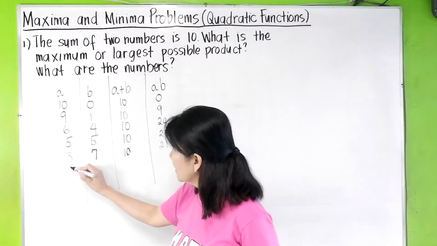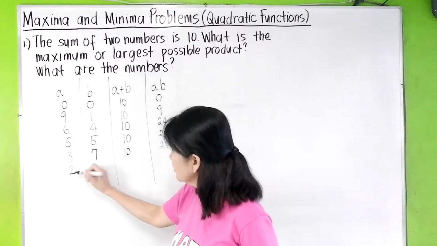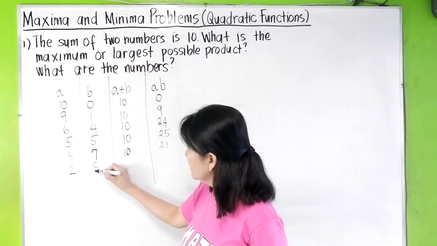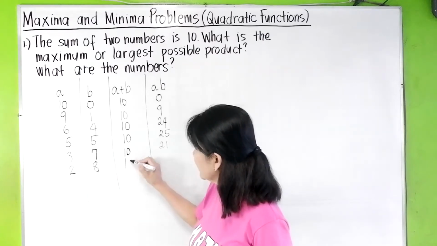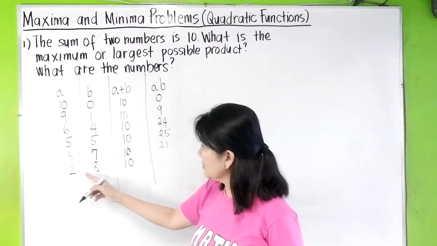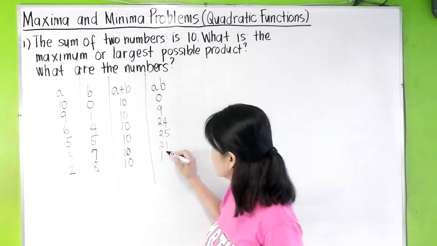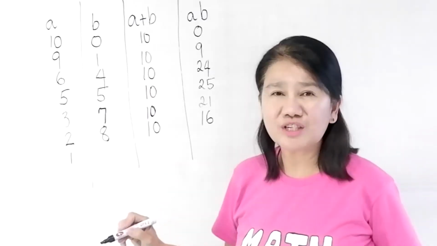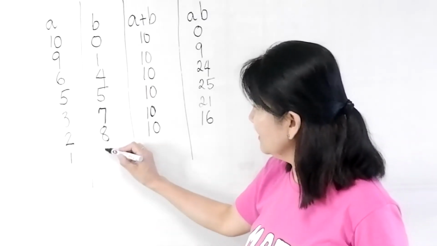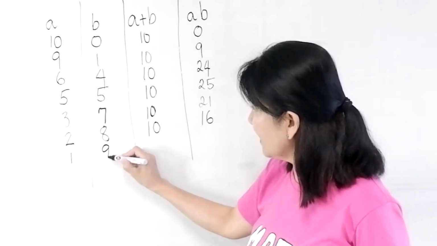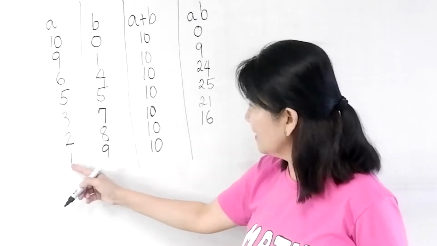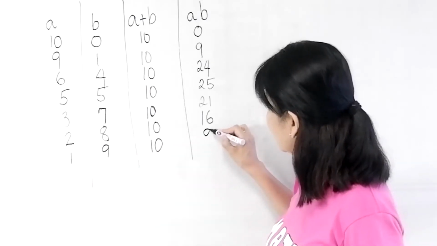Let's try another one. Let's say this is now 2. 2 plus 8 gives us a 10. And 2 times 8 is 16. Now, what if we try 1? This is 9. 1 plus 9 is 10. And 1 times 9 is 9.